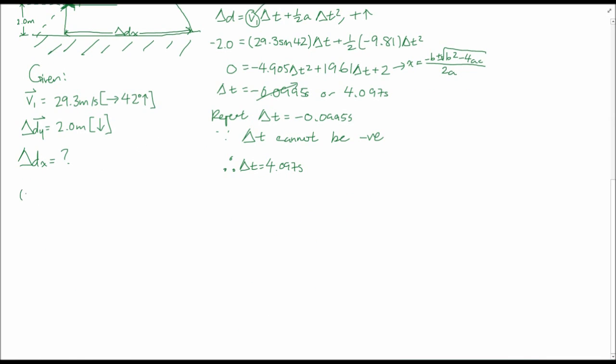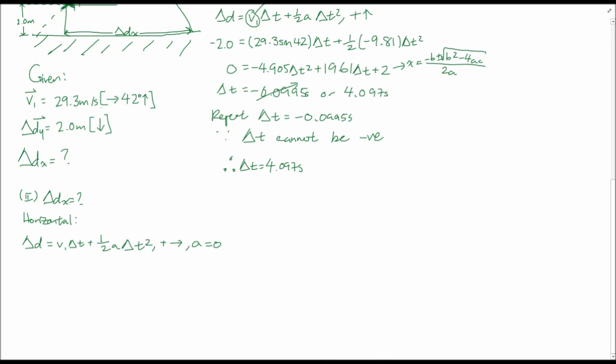Okay, so now we can finally solve for the range, delta dx, now that we have the time. So we'll do this using just the horizontal components. And we're going to use the same formula, delta d equals v1 delta t plus 1/2 a delta t squared. This time, a is equal to 0.